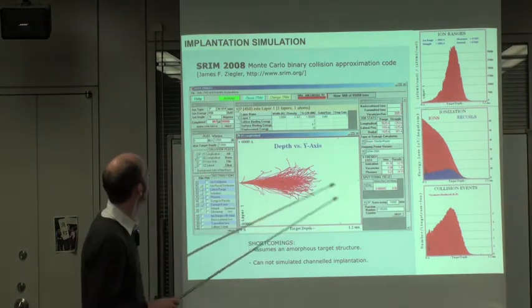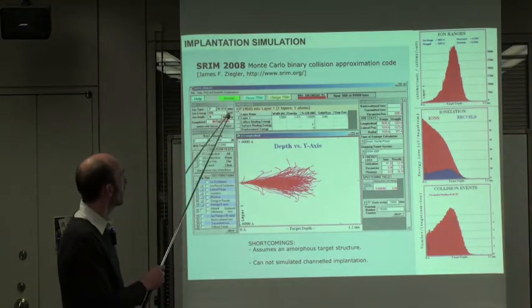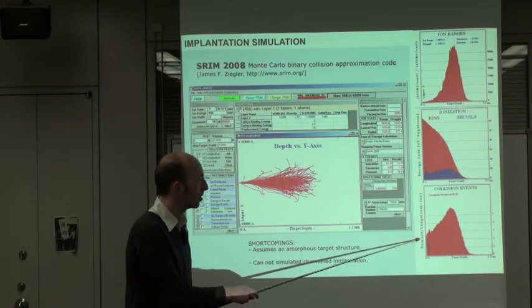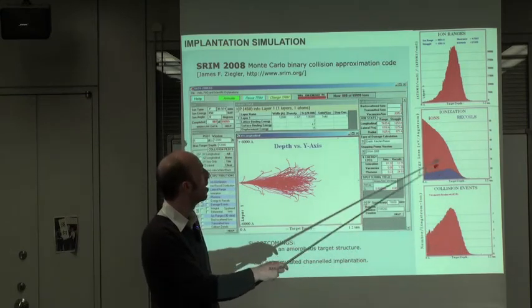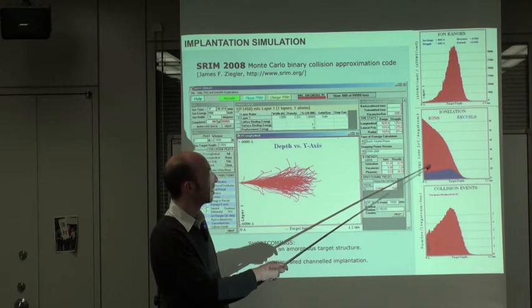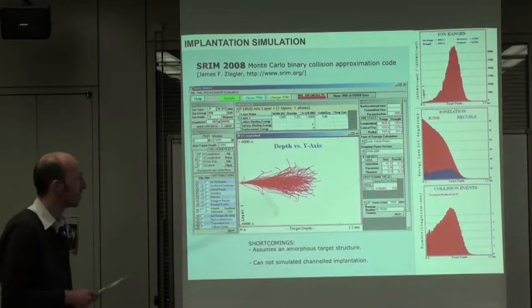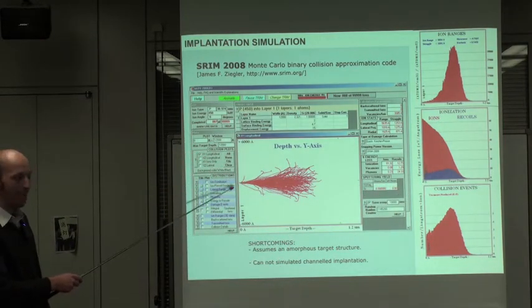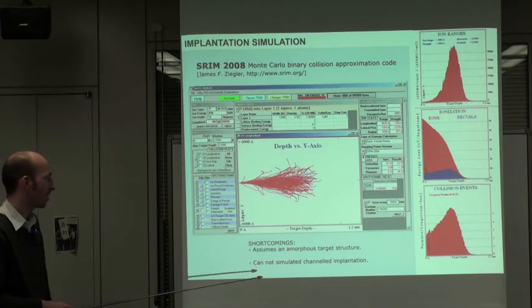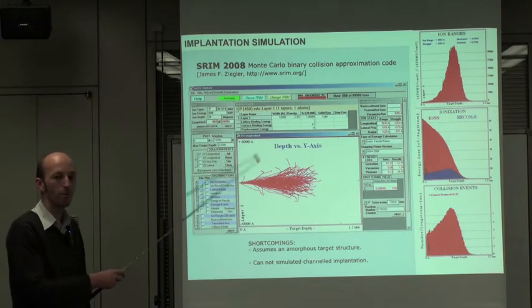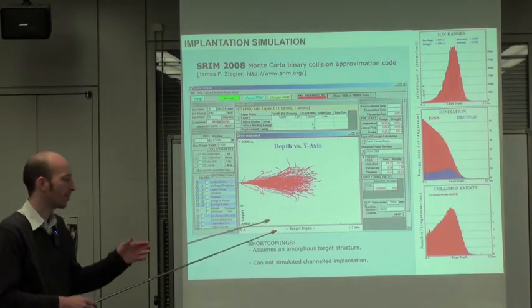I think this is 450 keV phosphorus. It also gives you the vacancy profile and the energy loss as well. But the bad thing about it is that it assumes the target is amorphous, so there's no crystal direction.